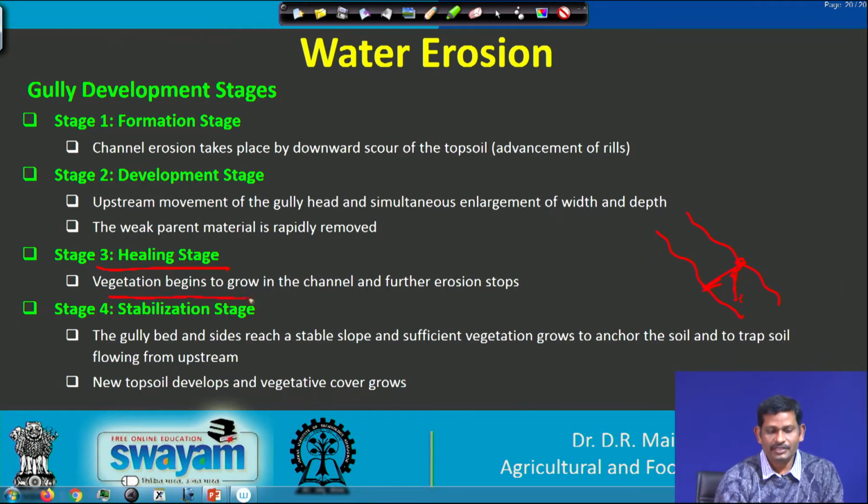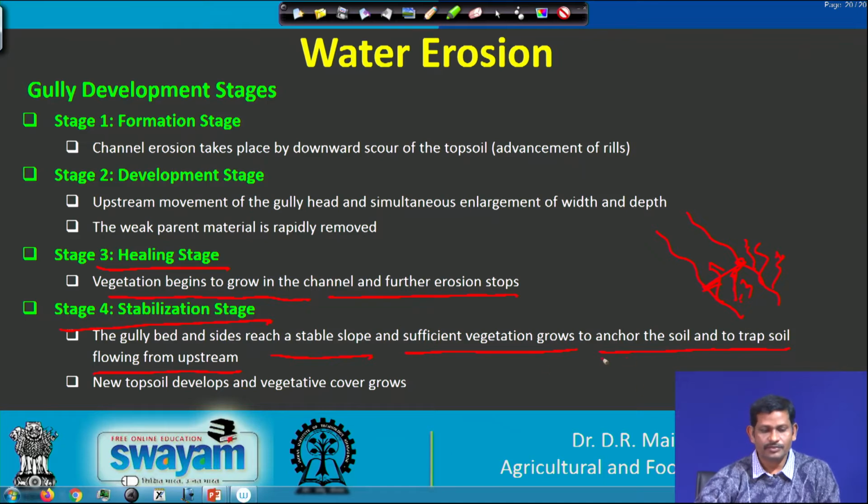Vegetation begins to grow in the channel and further erosion stops. At this stage, vegetation on the banks as well as at the bottom is going to take place. That is the healing stage, and then the stabilization stage. In this case, the gully bed and sides reach a stable slope and sufficient vegetation grows to anchor the soil and trap the flow from upstream. So, this is what is going to happen.